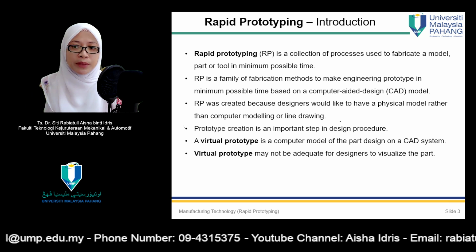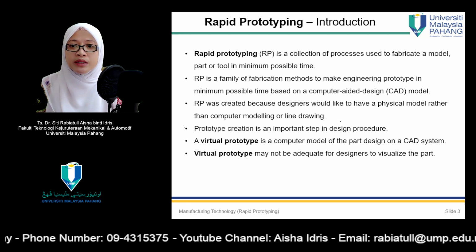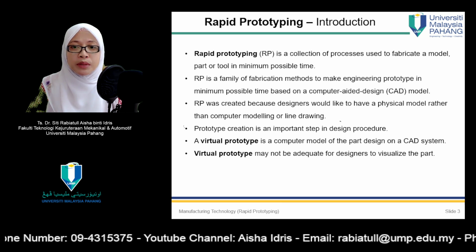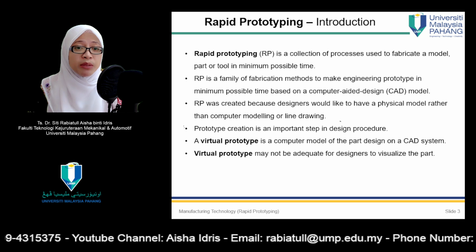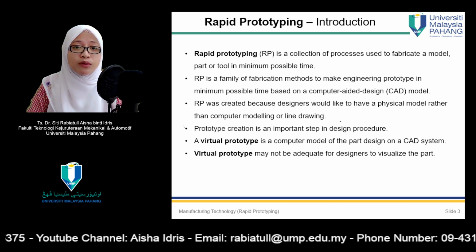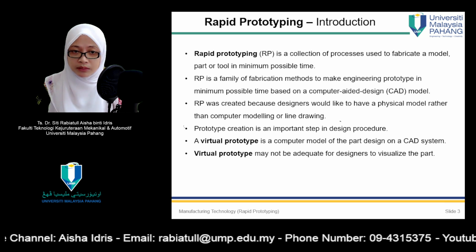So rapid prototyping, or RP, is a family of fabrication methods to make engineering prototypes in minimum possible lead times based on a computer-aided design CAD model of the item.